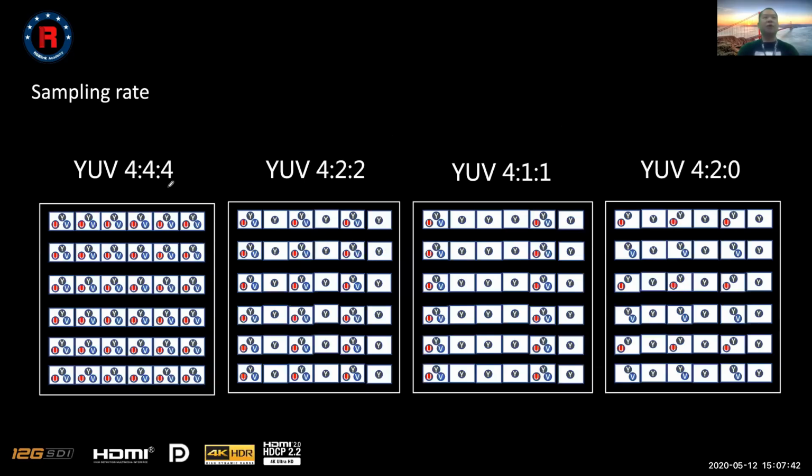With a different sampling rate, the data bus for the processing will be different. The 444 makes sure the color space is in full range, so data will not be lost during this kind of processing.